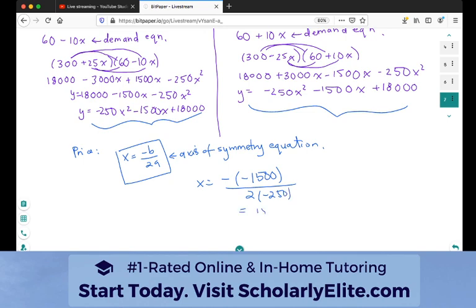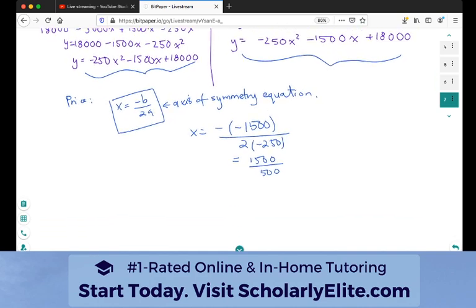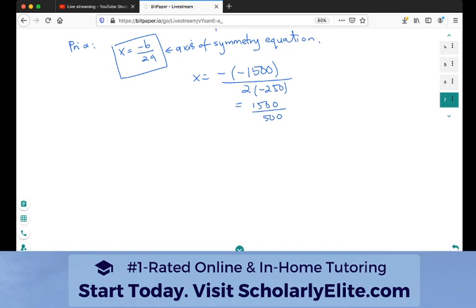We have positive 1500 divided by 500, and that's going to be 3. So this x equals 3 tells us that we should be changing the price 3 times to maximize revenue.